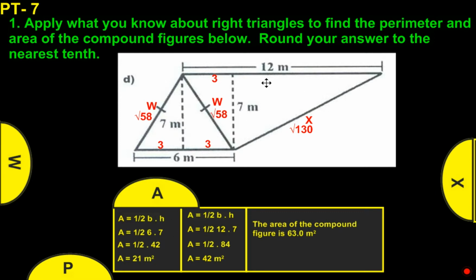For the other triangle, we have a height of 7 and a base of 12. We're looking at the full triangle this time. So we have 1/2 base times height, or area equals 1/2 times 12 times 7, 1/2 of 84, or area equals 42 meters squared. Combining the two, we get the area of the compound figure is 63.0 meters squared.